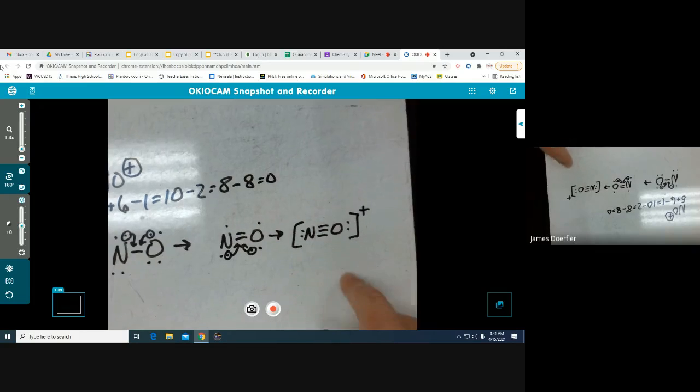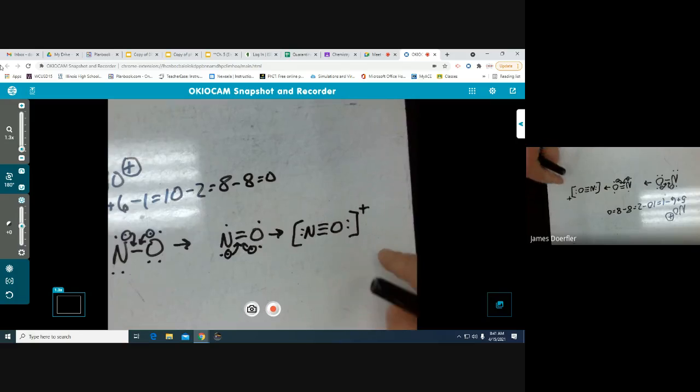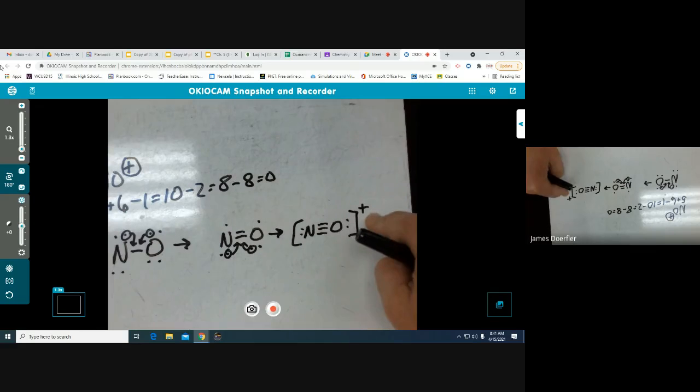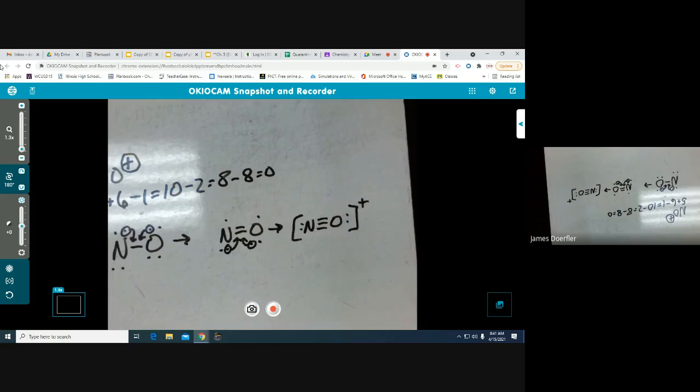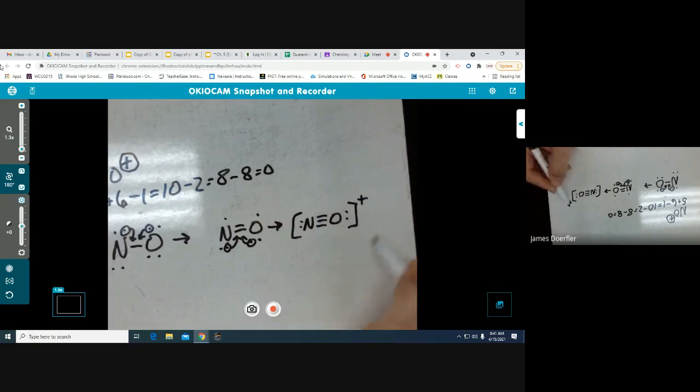If you do not place the brackets and the charge on the outside upper right corner, it is not a complete Lewis structure for a polyatomic ion. These are a must.